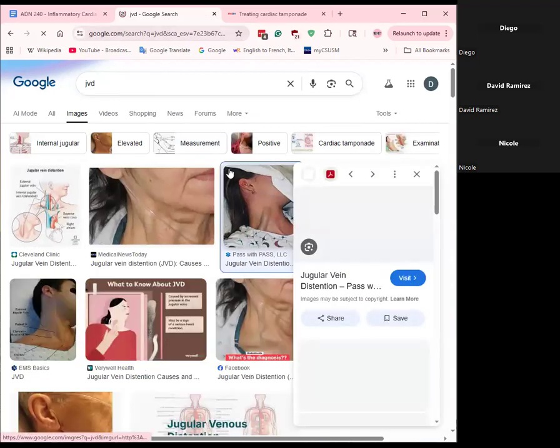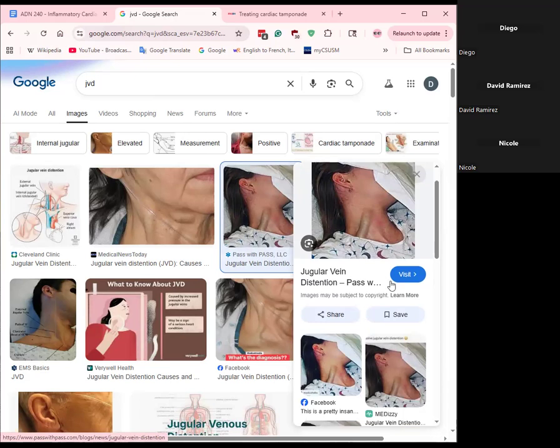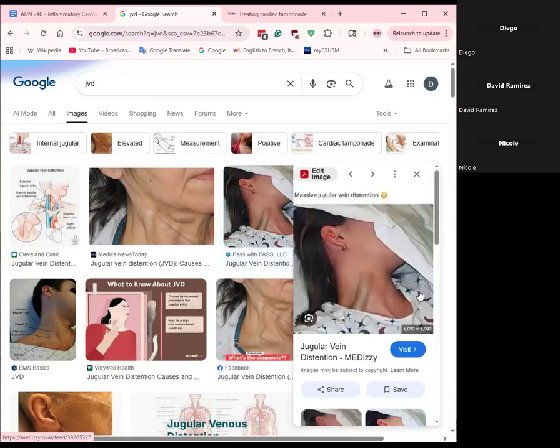And one of the things you have to do is, if they're lying flat, you want to sit them up to see if it goes back down. Sometimes they could have that built up there because they are laying down. So sit them up, and if it's still there, then they have JVD.